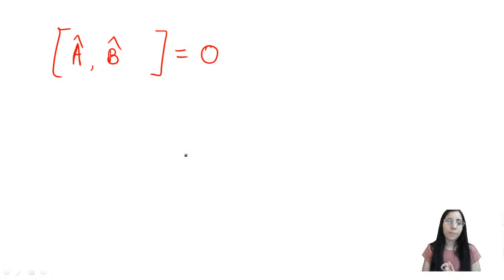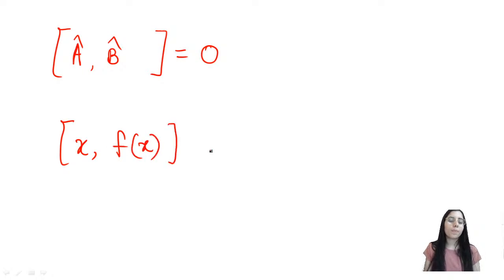Now, say there is an operator x and its corresponding function. In any system, if I can find x at a moment, at the same time I can also find any value of the function of x. So these two will always commute with each other, and that's the reason why the commutator of x with f(x) will always be equal to 0.